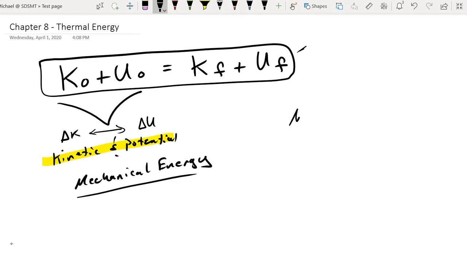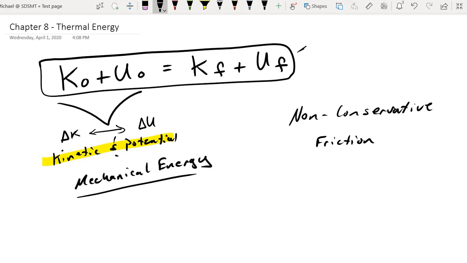And non-conservative forces, those were the forces that do not conserve the amount of work that's done over a closed path. And in a previous video, we saw that friction was one of those forces.